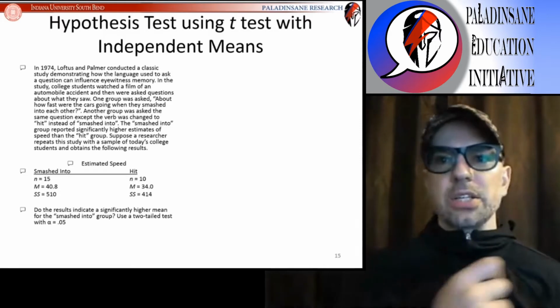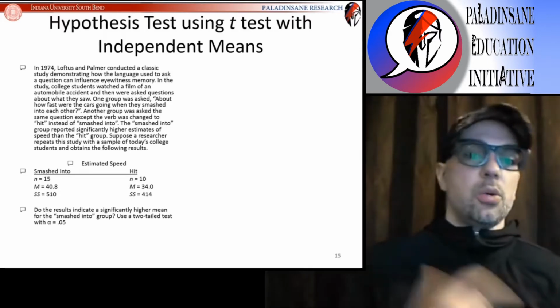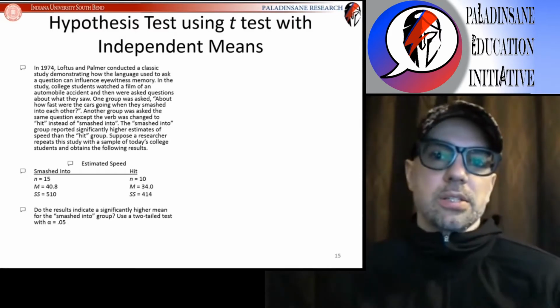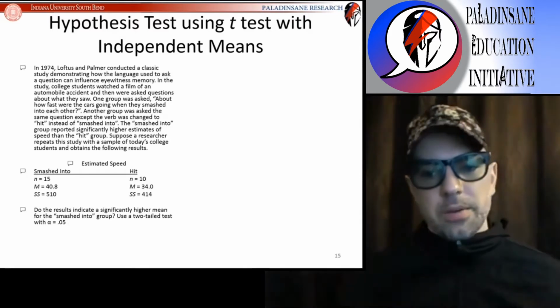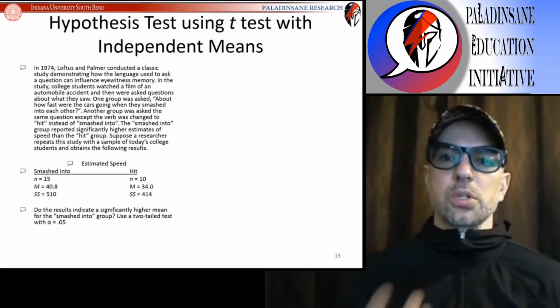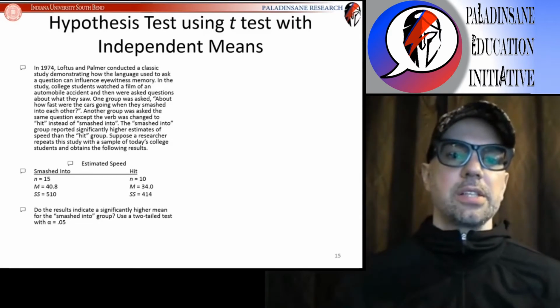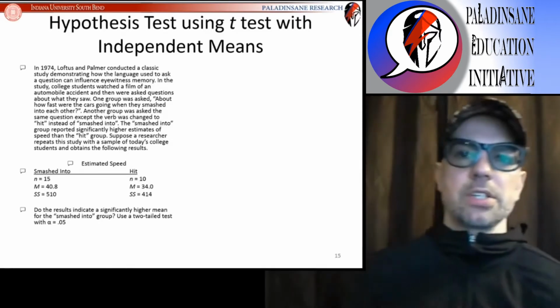This is actually what you would have done previous to this study, because you would not know which of those questions might cause an increase in estimates of speed. But regardless, let's go forward and see if those scores indicate a significant difference between the speed estimates for the smashed into group versus the hit group.